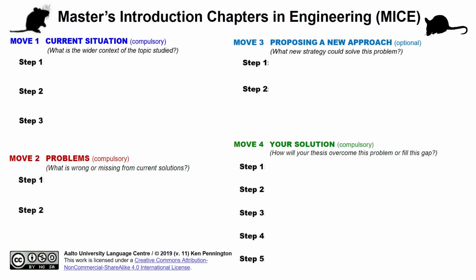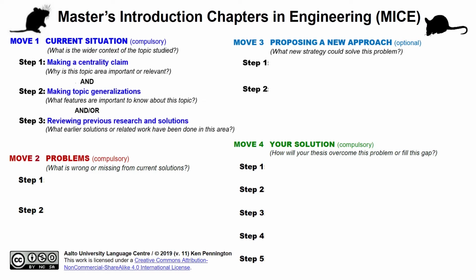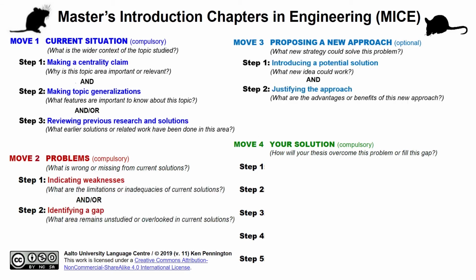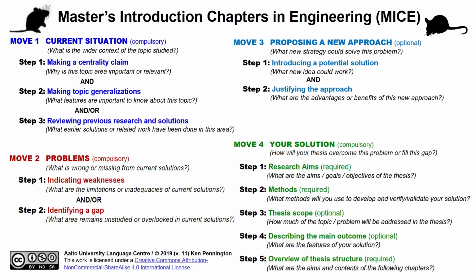In the MICE model, each of the 4 moves consists of 2 or more strategies, which we will call steps, for realizing the move. Move 1 is comprised of 3 steps. Moves 2 and 3 of 2 steps, while move 4 can have as many as 5 steps.